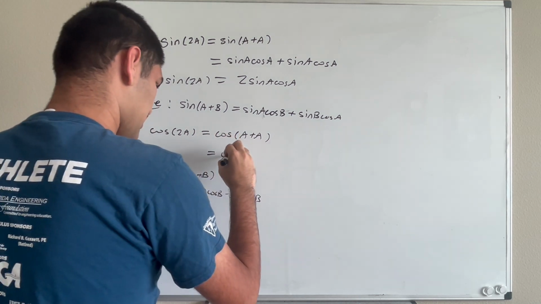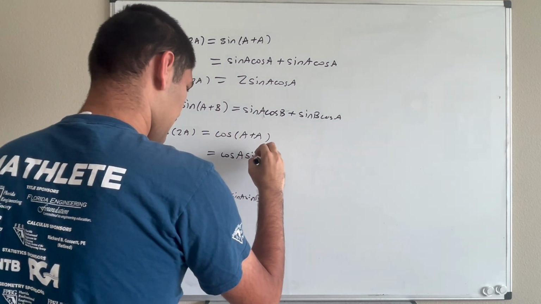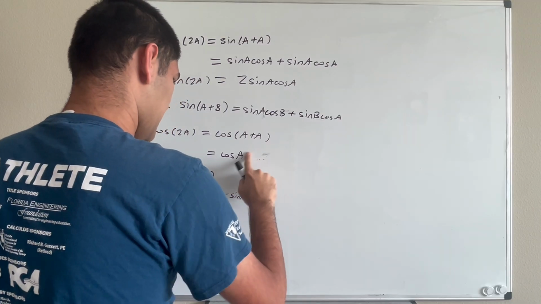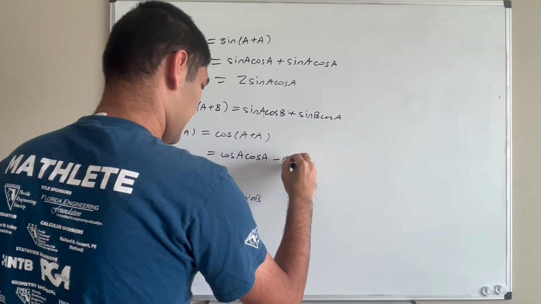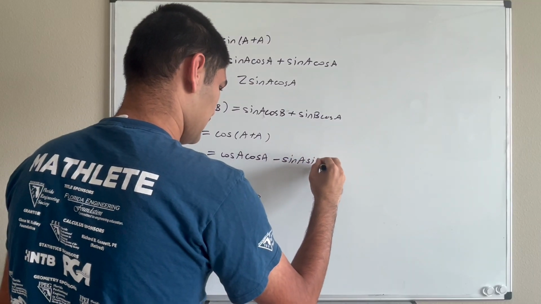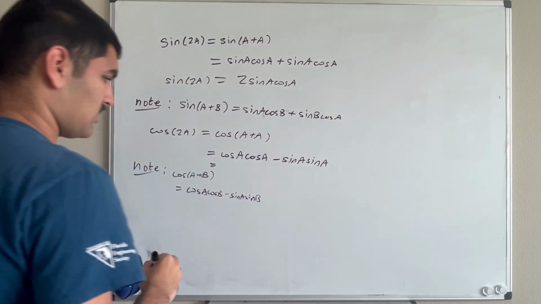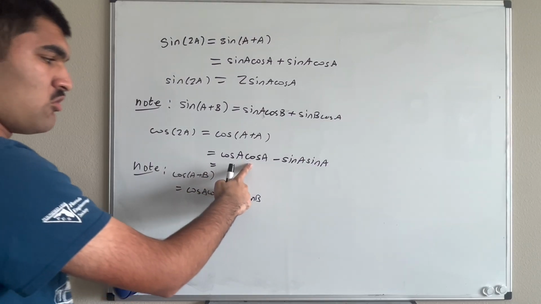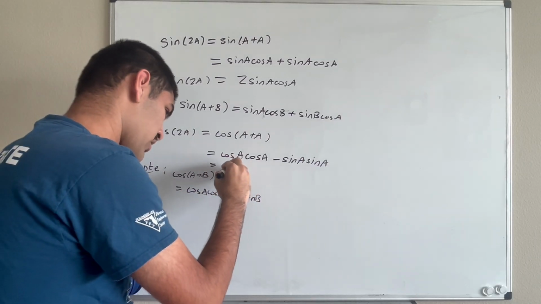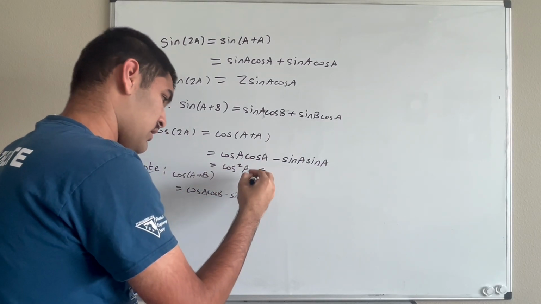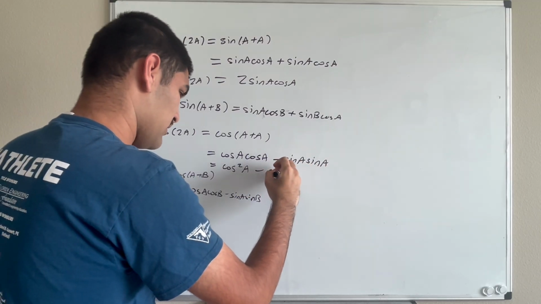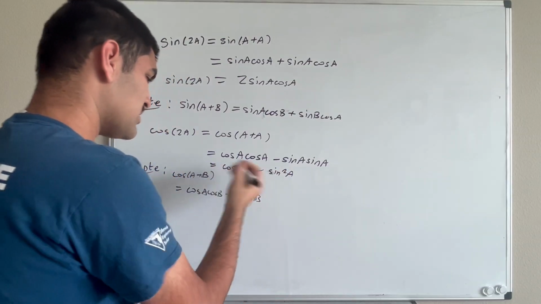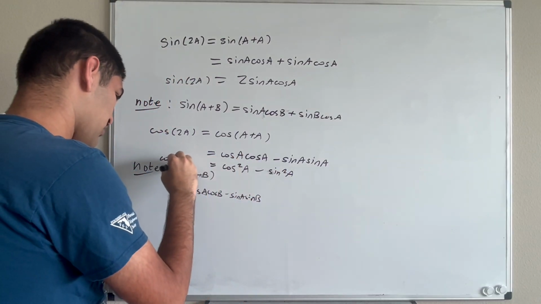So you get cosine a cosine a, minus sine a sine a. But cosine a times cosine a, that's just cosine squared a. And sine a times sine a, that's just sine squared a. So this is the identity that you get for cosine 2a.